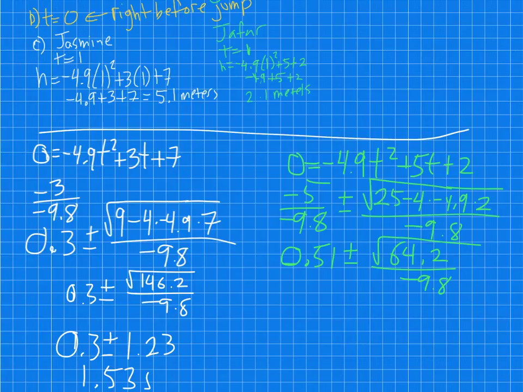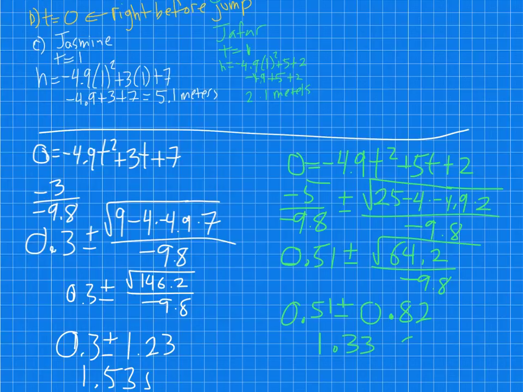Square root of 64.2 is going to be just about 8. Divide by 9.8. We end up with 0.51 plus or minus 0.82. The negative, again, doesn't make sense there, so we're going to add those together, and we get 1.33 seconds.